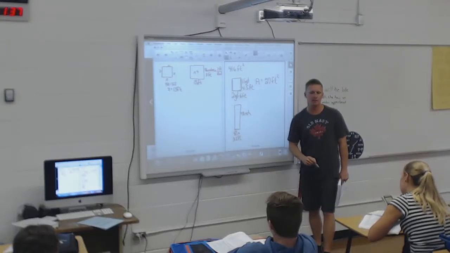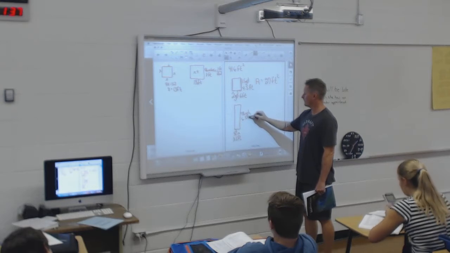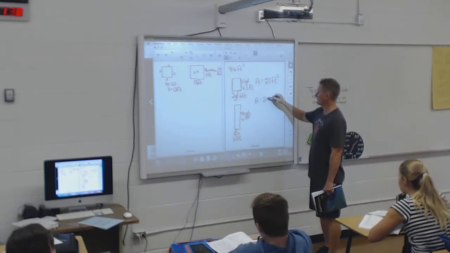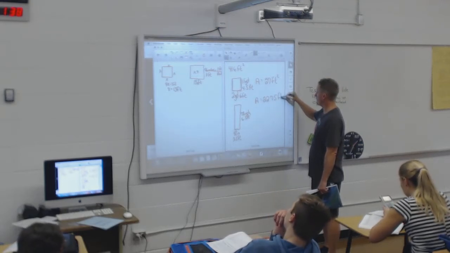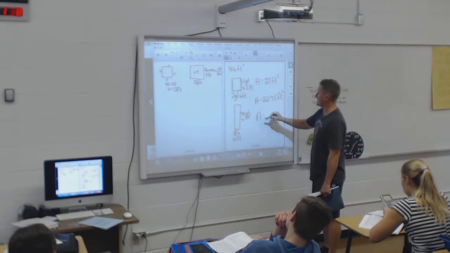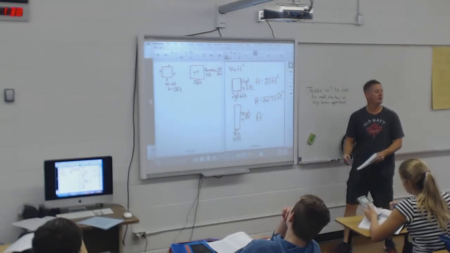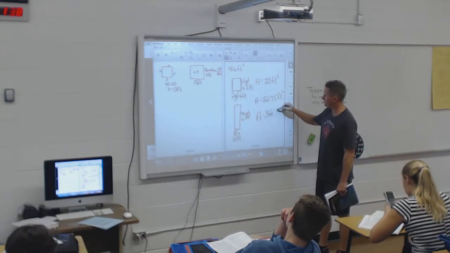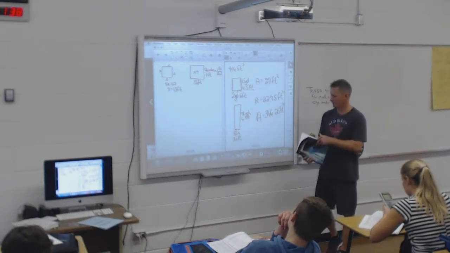What's 78 divided by 12? 6.5 feet. What's the area of the door now? 22.75 feet squared. How much paint do I need? 366.25 feet squared.